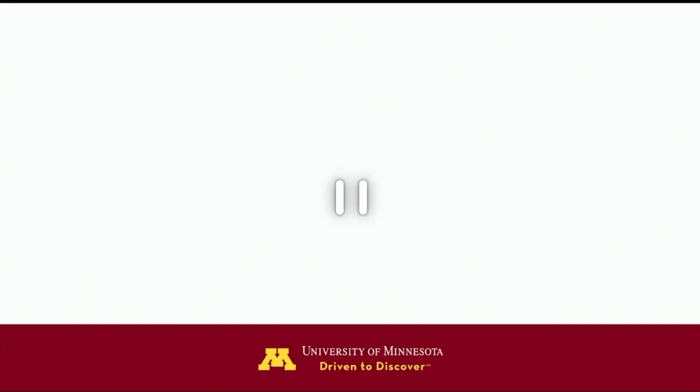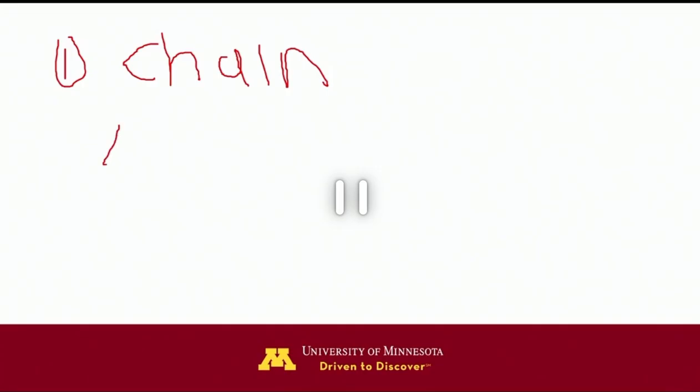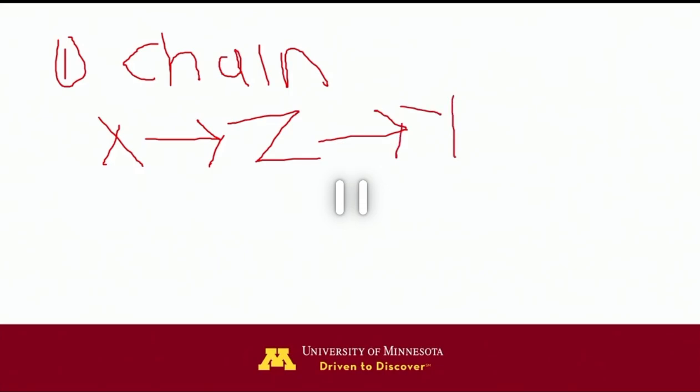I'm actually going to use something else. Let me see this. Is it writing now? Okay. I want to use the chain to explain conditional independence. If X determines Z and Z determines Y, please pay attention.